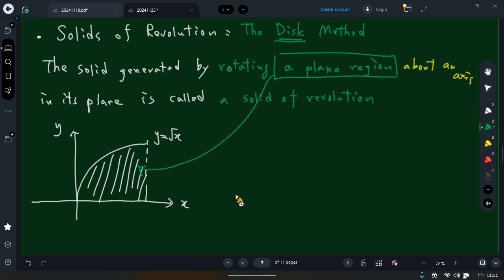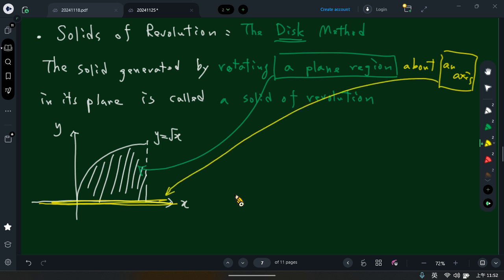Here, this is the plane region. Then about one axis, for example, in this case we just choose this as the rotating axis. Then just follow this, then rotate.